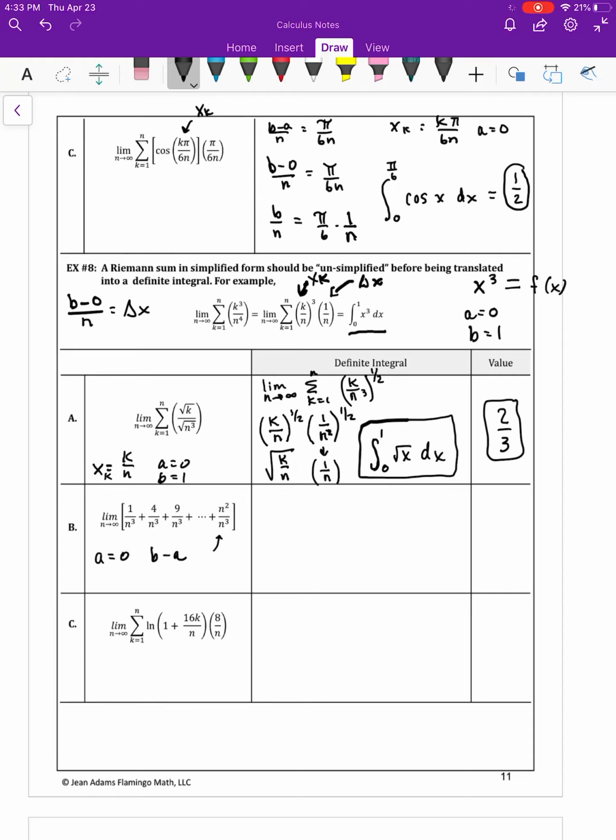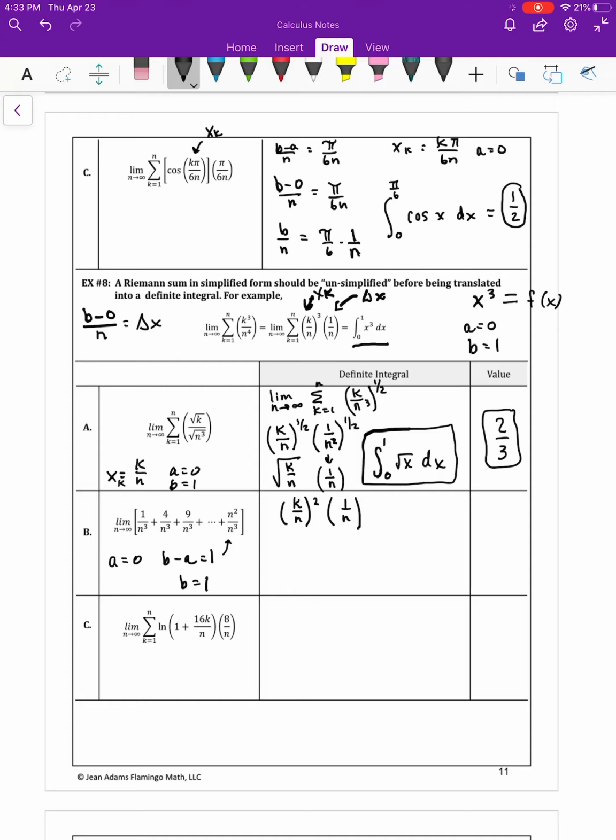Okay, so for the next one, we are going to focus on that nth term. I'm thinking that you have here your a is 0, your b minus a is going to be 1, so your b is 1, because this to me looks like k over n squared times 1 over n, because that would give you n squared, and then times n would give you n cubed in the denominator.